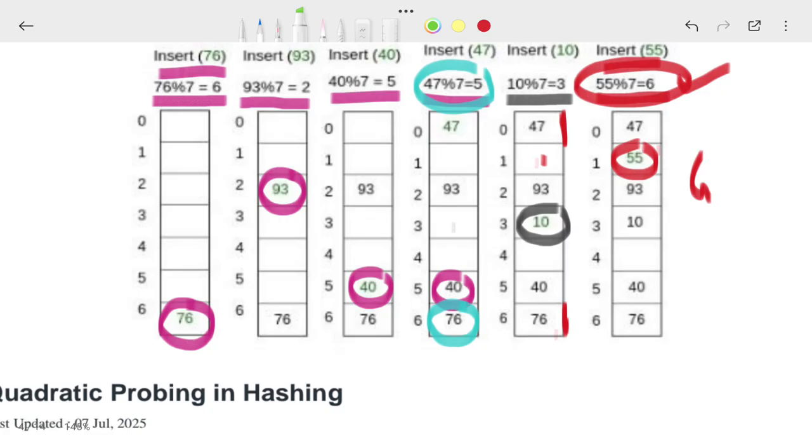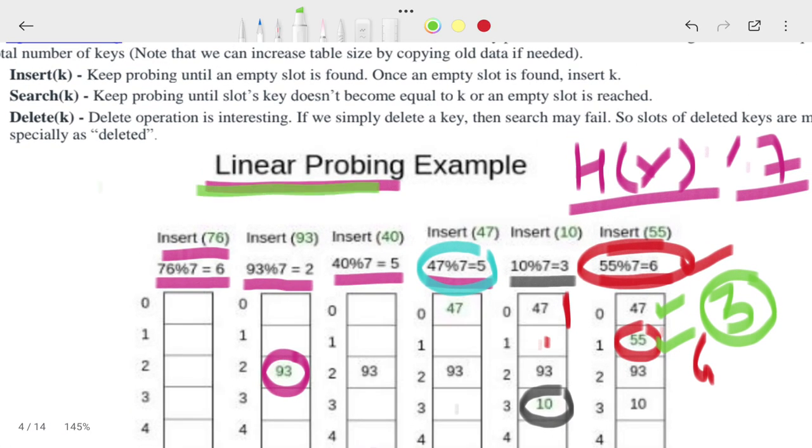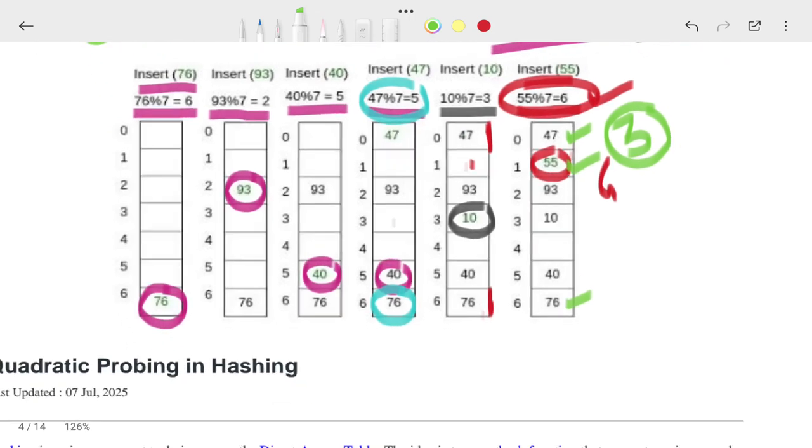So 1 comparison, 2 comparisons, third comparison, means 3 times I check, total 3 comparisons. So probe value is equal to 3. This is the meaning of probe value for linear probing. This question came in your GATE exam.